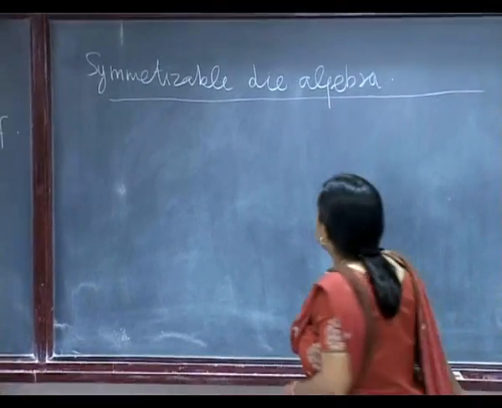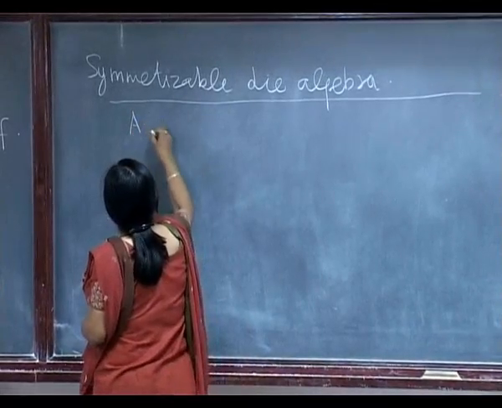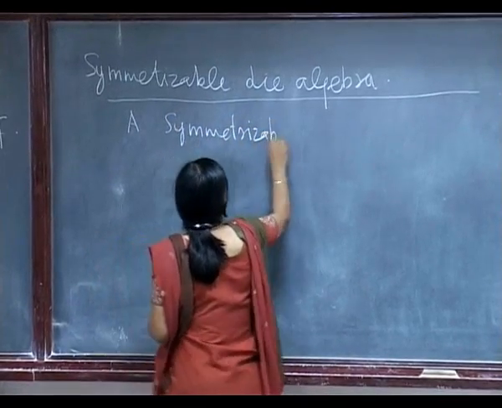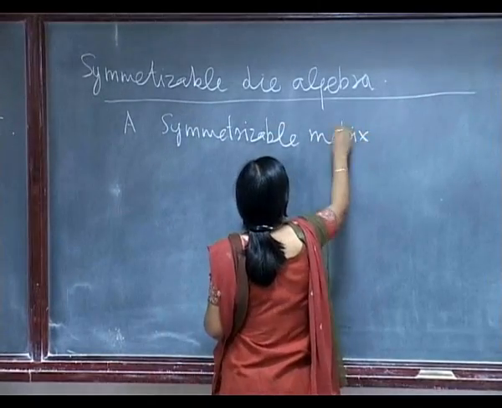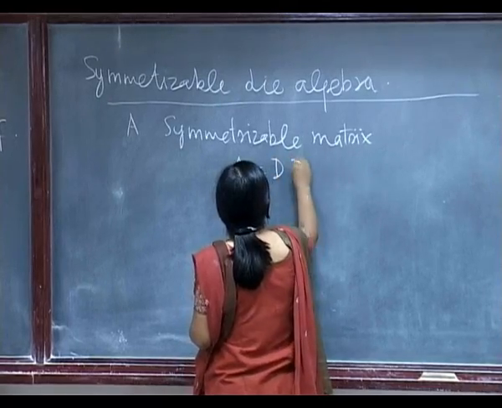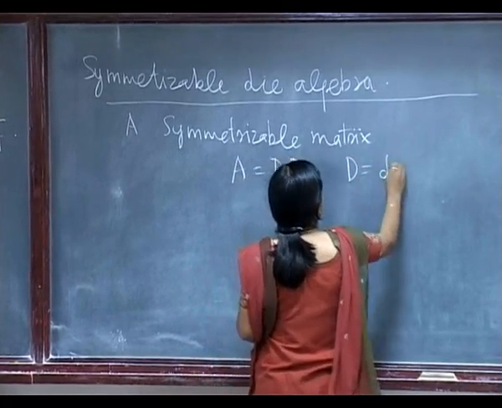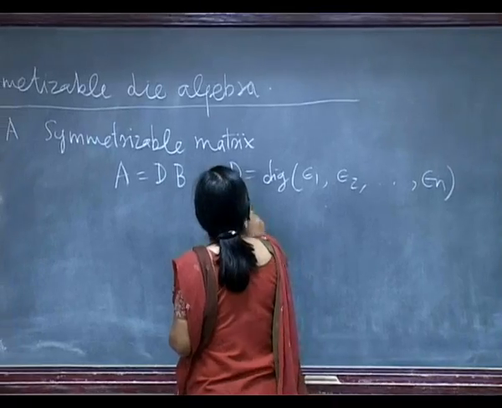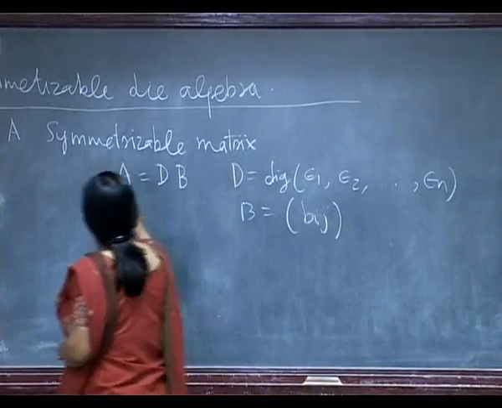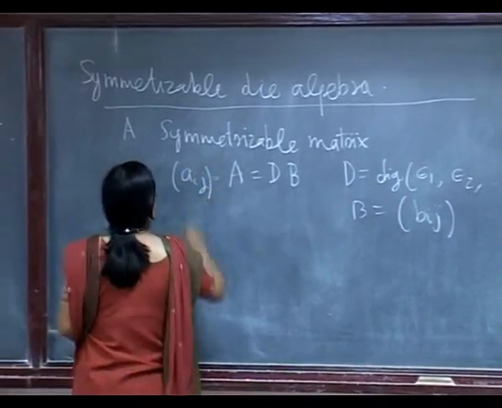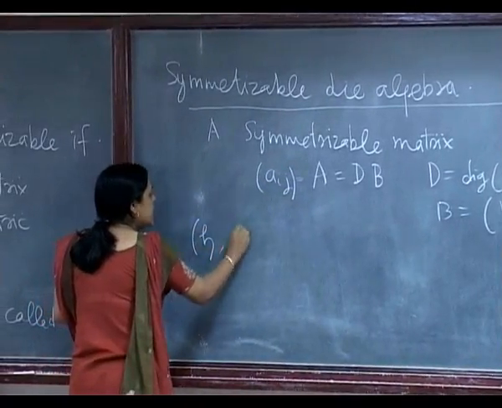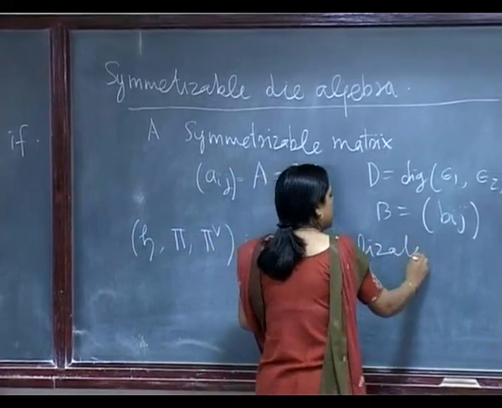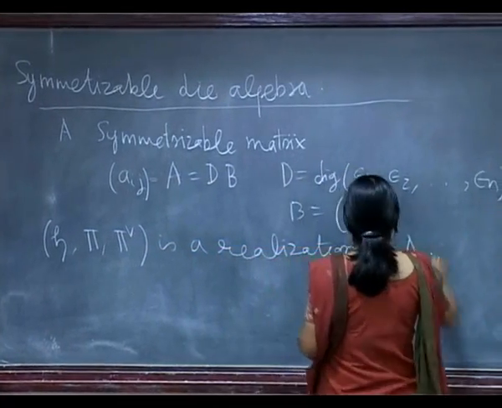Okay. So, we are fixing A, a symmetrizable matrix, with the decomposition A equal to dB, where d is diagonal with epsilon 1, epsilon 2, up to epsilon n, and B is B_ij, and this A is A_ij, and h, pi, pi check is a realization of A. Alright.